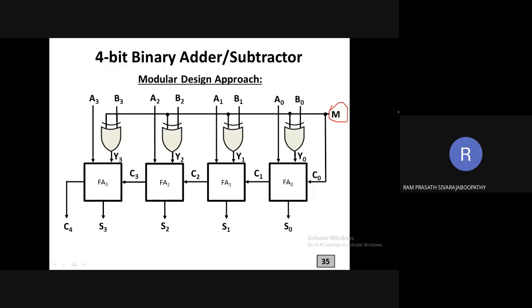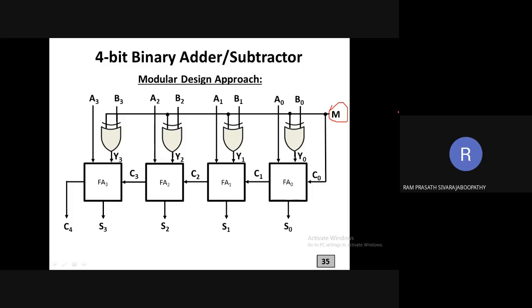When will the circuit work as a subtractor? Sabari, kindly check. I think you have put it in reverse. Fine. Correct it, Sabari. Priyanka, correct. Subtractor means M is equal to 1. Okay. Adder means M is equal to 0.